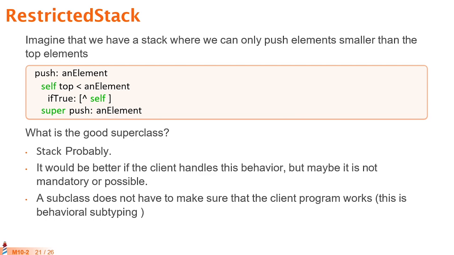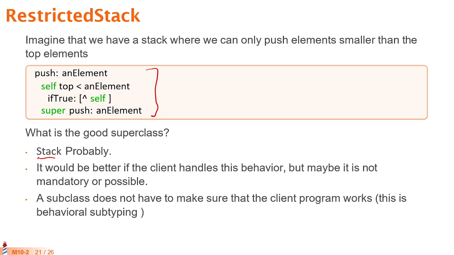Let's analyze this new example. We have a restricted stack. This stack only allows us to push new elements that are smaller than the top element. We can implement the push in this way. What is a good superclass for this? Maybe it's a stack. It looks like what we want is a stack. But the problem with that is we need to be sure whether the clients that are using them will be affected by this new restricted stack.